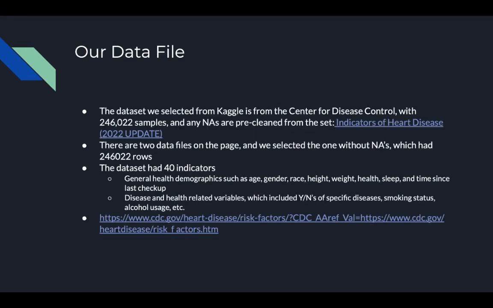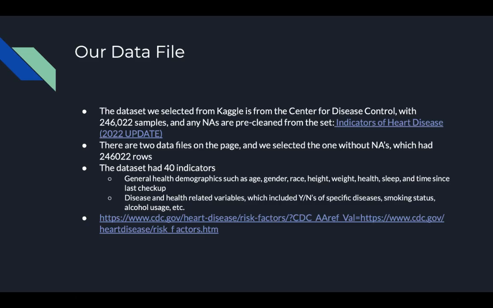For the data file, the data set we selected from Kaggle is from the Centers for Disease Control, the CDC, with 246,000 samples, and any NAs are pre-cleaned from the set. It is the Indicators of Heart Disease, 2022 update. There are 2 data files on the page, and we selected the one without the NAs, which had 246,000 rows.